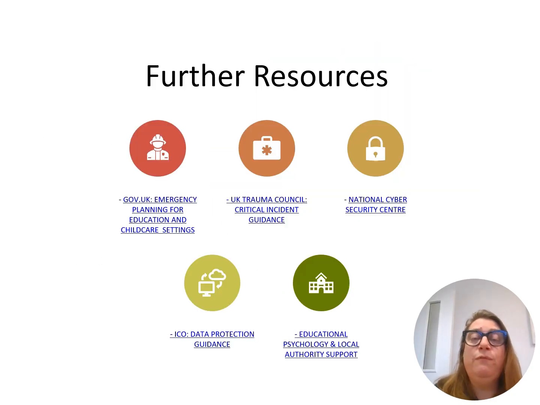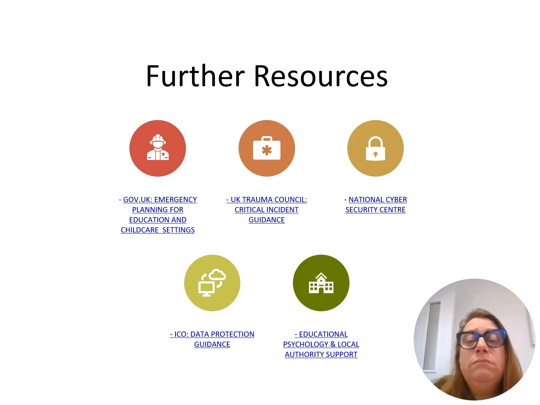We've also linked to a number of organisations that can offer support and information before and after a critical incident occurs. There is a more comprehensive list in the policy template, but these are examples of some of the organisations that are out there that can support you. So we've got .gov.uk, there's an emergency planning for education and childcare settings. We've linked to the UK Trauma Council's critical incidents guidance, and that includes their 5 overarching themes for recovering from a critical incident.